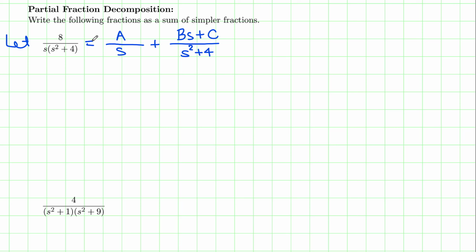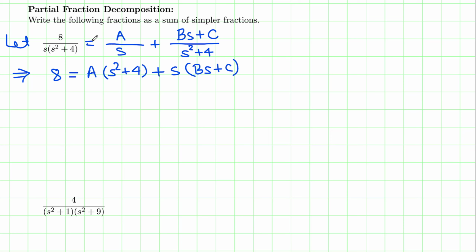First, we multiply through by the common denominator, which is this. Then this implies 8 equals, these are two distinct factors, so a times this plus this times this. So a times s squared plus 4 plus this one times s, or s times this one, doesn't matter, same thing.